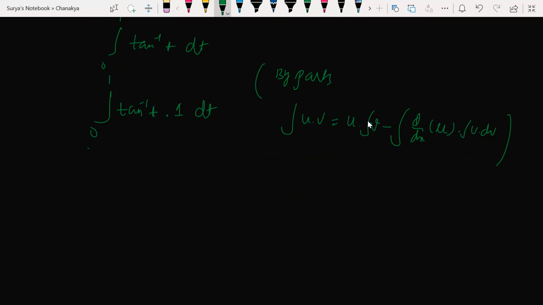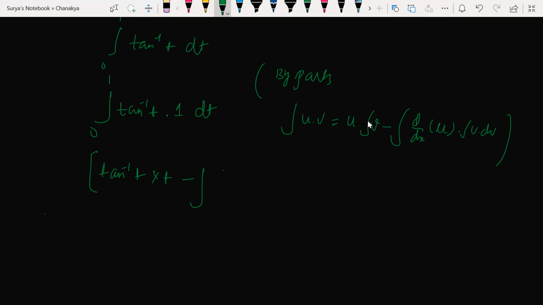So as per ILATE, first function is what? Tan inverse of t. So we are integrating this, right? So tan inverse of t into t minus d by dx of u, what is that?